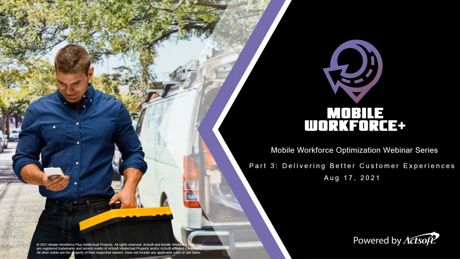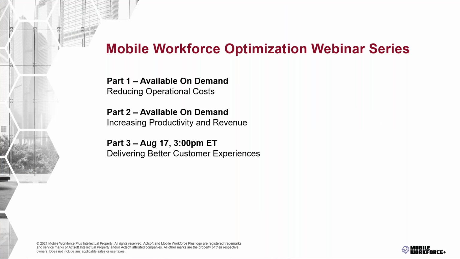And as you know, if you've been joining us along the line, this is a series. So this is part 3 of our series. We had part 1 a couple of weeks ago, maybe a month ago. This recording is available on demand. Part 1 is reducing the operational costs through digitization of the workflow.